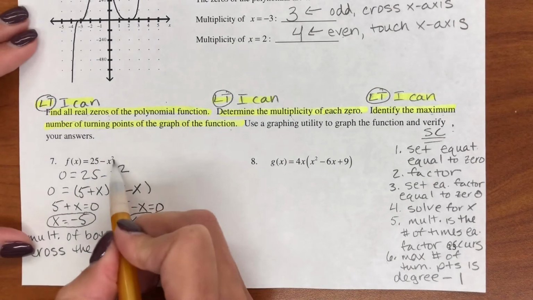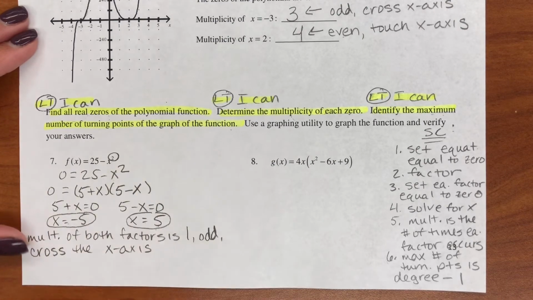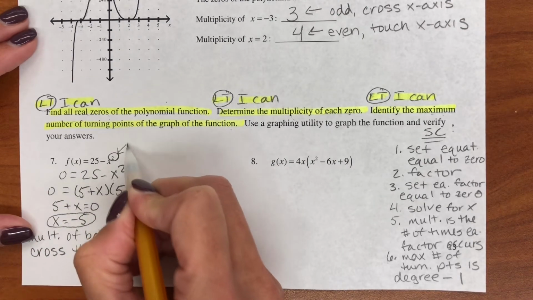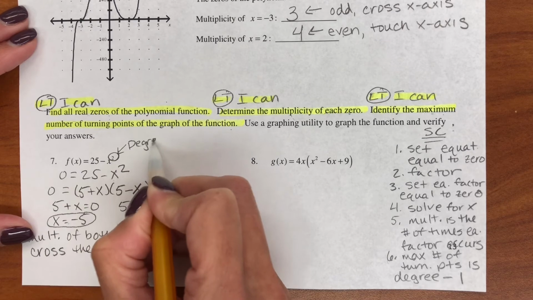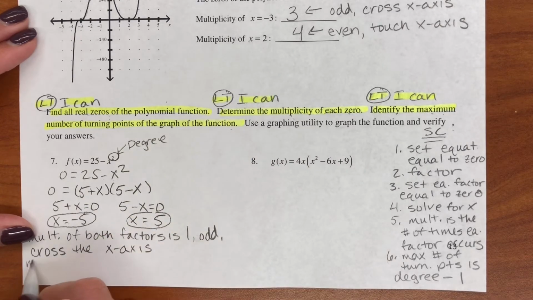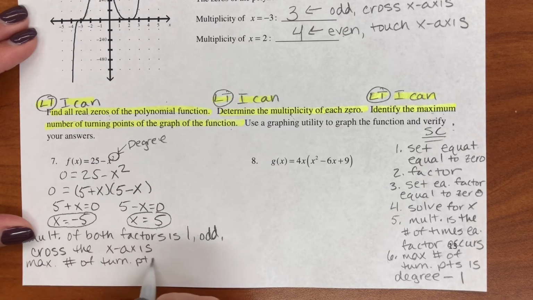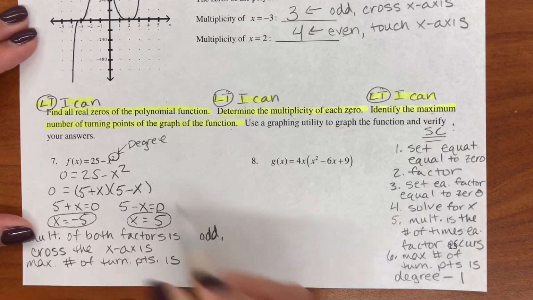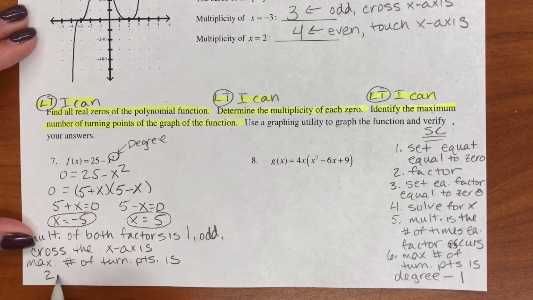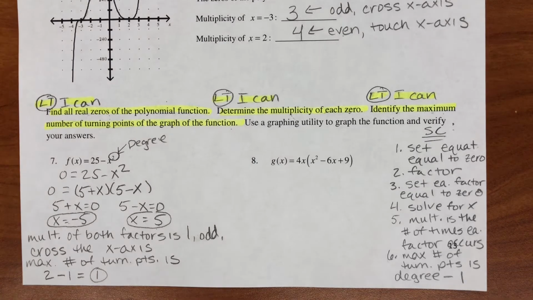So my degree of the polynomial is 2. So my max number of turning points is 2 minus 1, which is 1. So I have one turning point here.